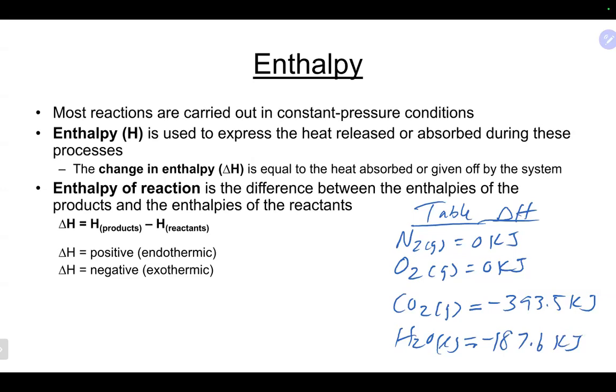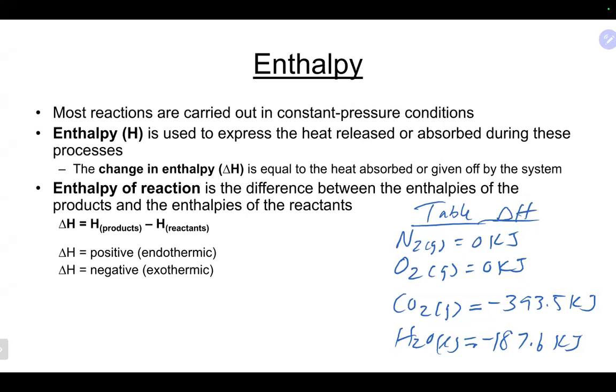So there's actually a table that you can go and look up. And if you're given just a chemical equation, you basically look up all the values in this table for your products and add them together, and then subtract all the values from your reactants. A couple of things that are really important if you do go to a table like this: you want to always make sure that you find what you're looking for, but you want to make sure that you find it in the correct state.